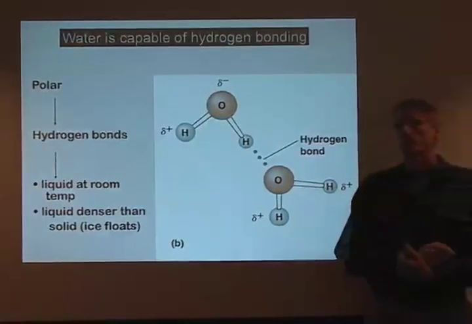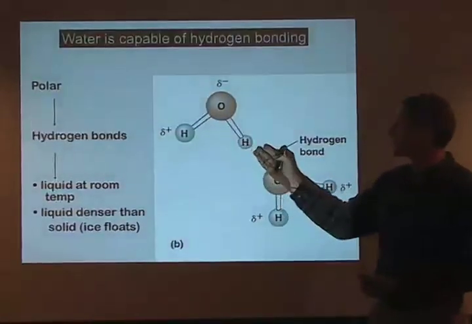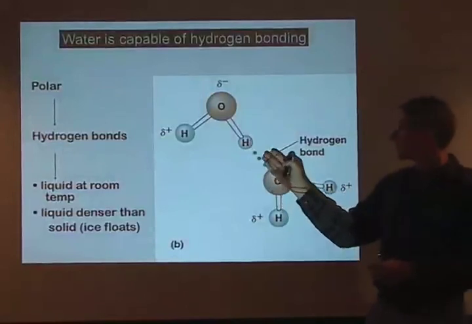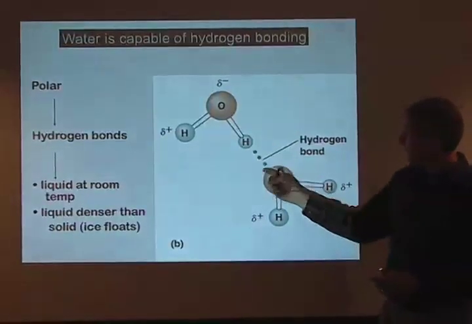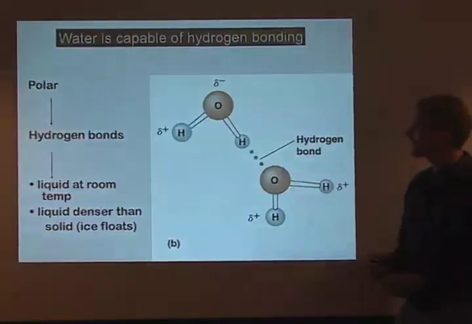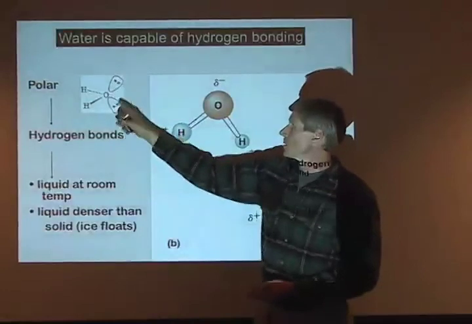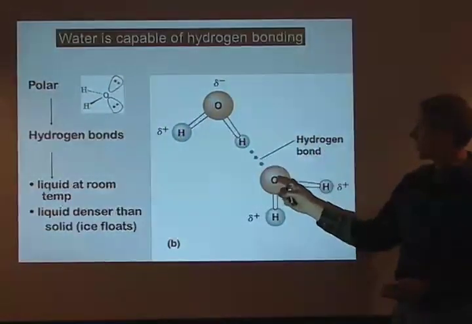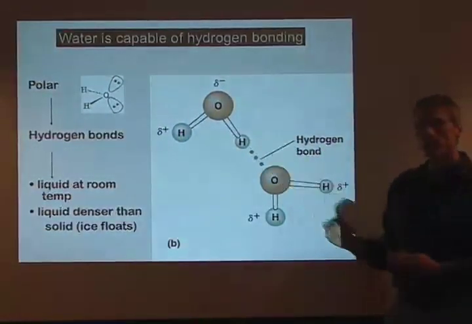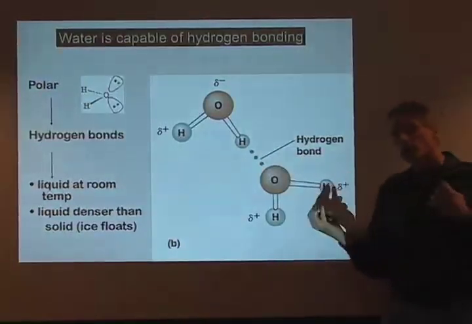Water is capable of hydrogen bonding. Because this hydrogen is weakly held, it actually can partly bind to those lone pairs of electrons. And remember, those are in a tetrahedral orientation. These lone pairs of electrons will partially attract, weakly bind hydrogen.